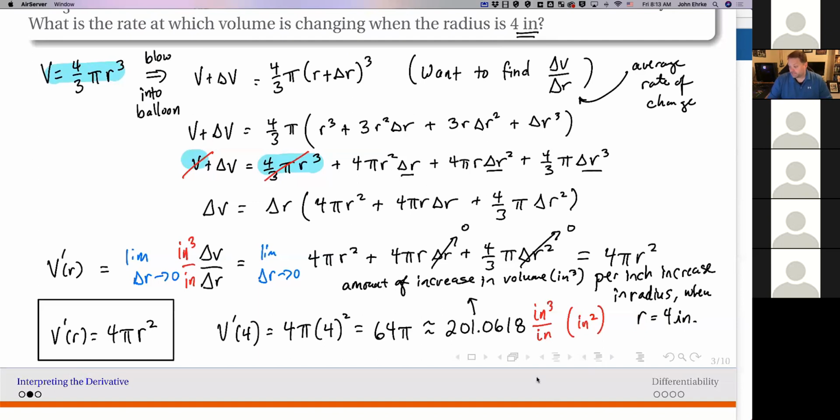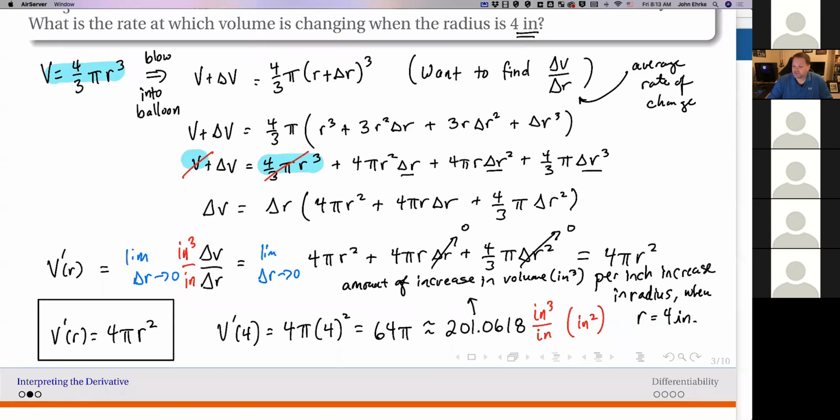Said another way, whatever the volume is at 4 inches radius, we expect the volume at 5 inches of radius to be 201.06 inches cubed larger.